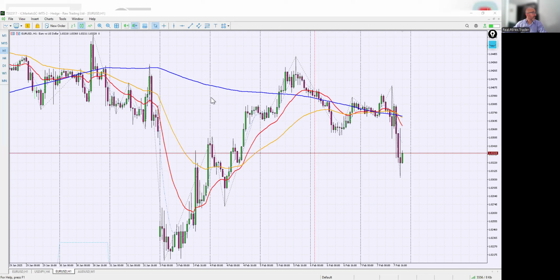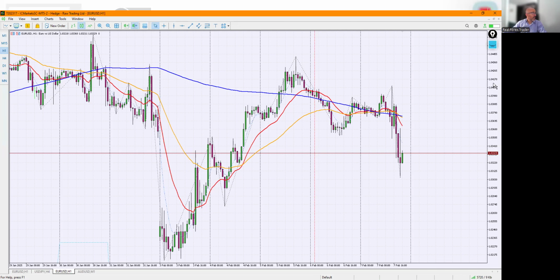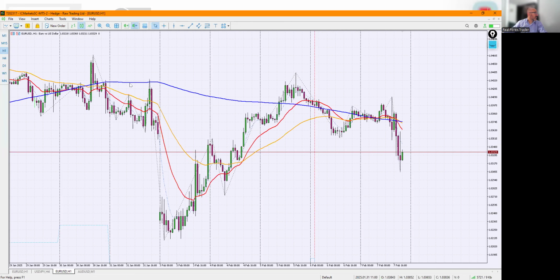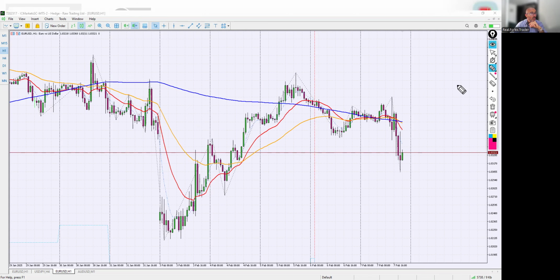MetaTrader 5. For example, we have this chart in here, all set. And the very first thing is to identify, where do I find my Fibonacci retracement? On your platform, you'll see these lines in here.